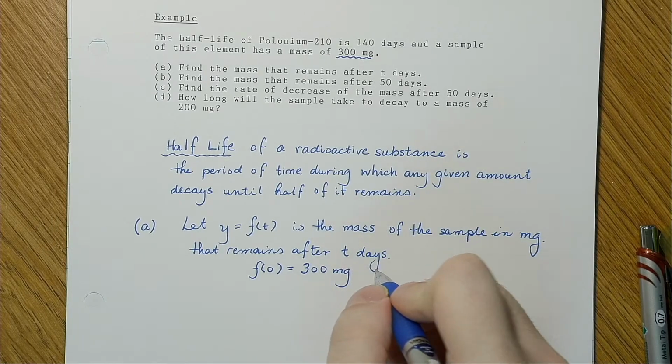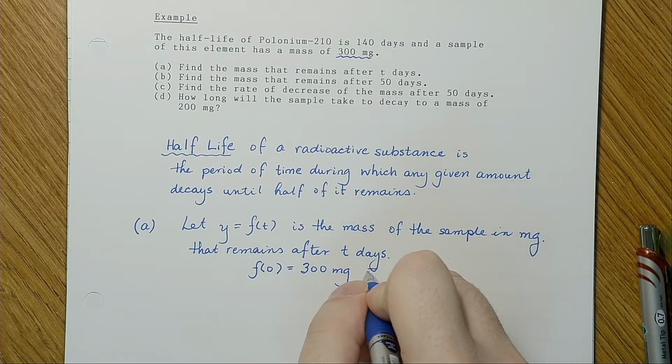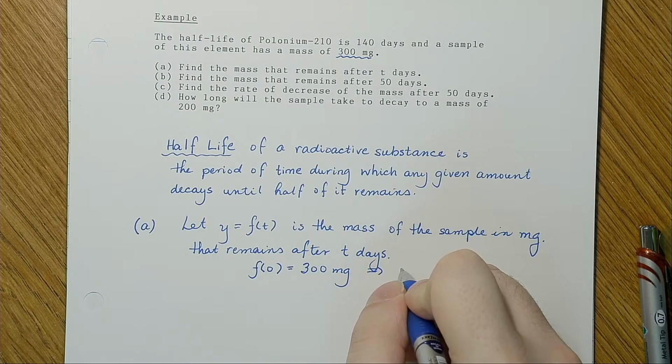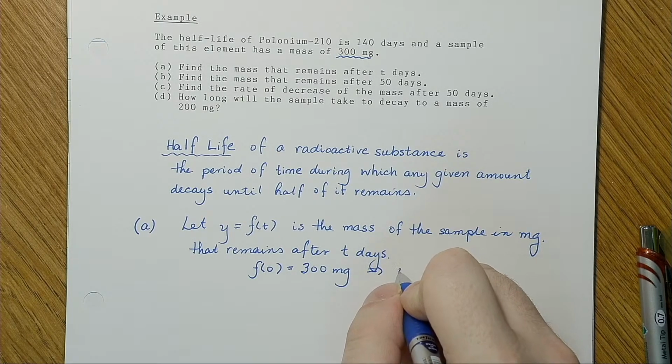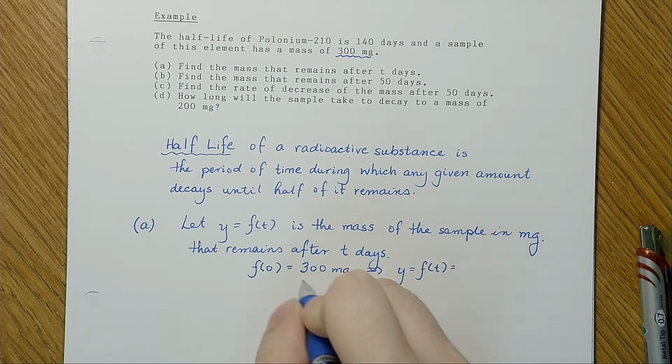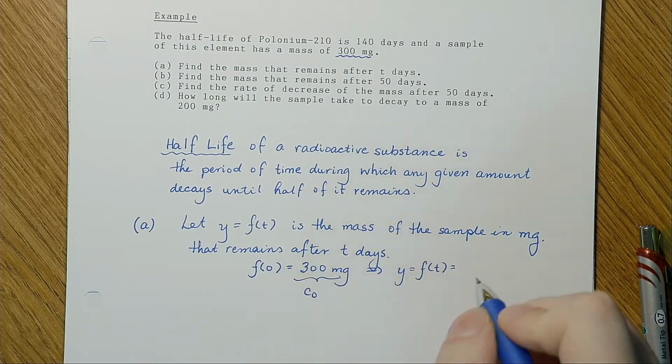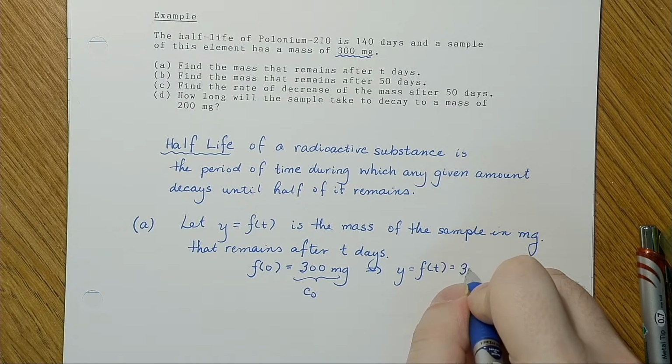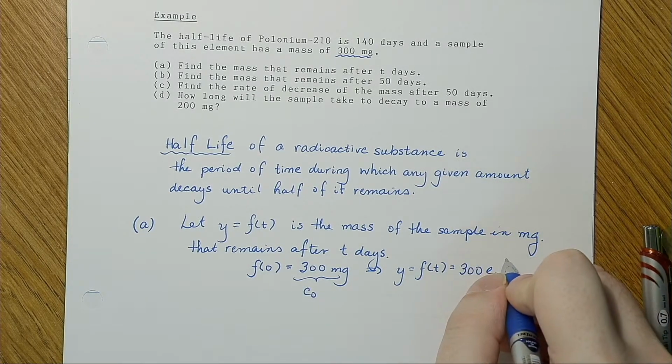So far what we have in our function is, we know that this is our C naught, or our initial value, so it's 300 e to the kt.